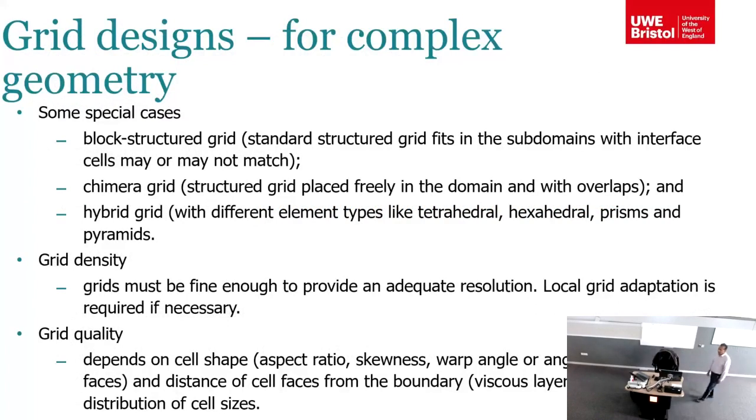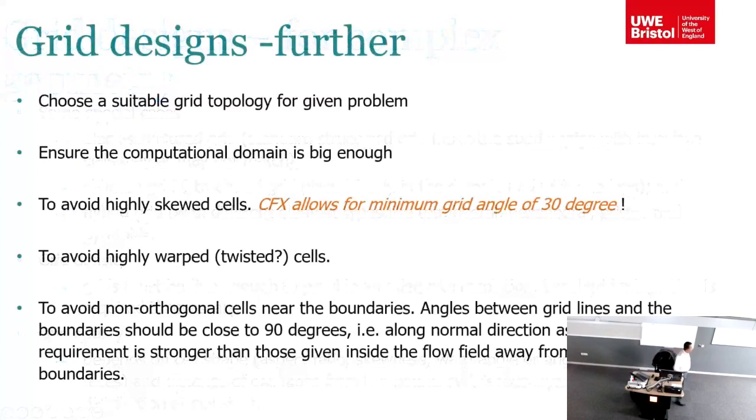Don't be too greedy, in the sense that you shouldn't try to use a very, very fine grid to get a good answer. That's not the way to do it. You might get a quite good enough answer even with a medium grid. Make sure your grid topology for the problem is correct.